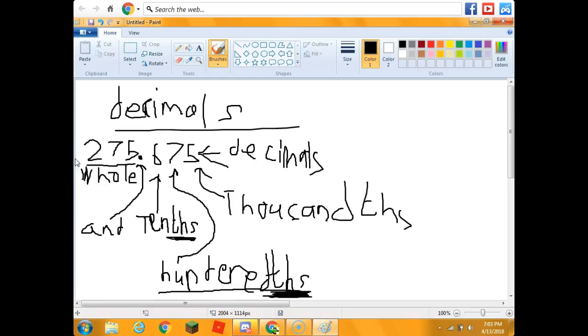So you would say this as 275 and 675 thousandths. It's sort of like whole numbers, but it's like 600. It's basically whole numbers. 200, 600, 75. It's the same, but then you put the thousandths at the end.